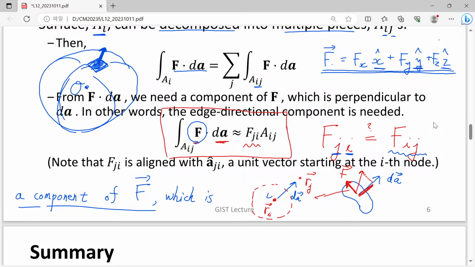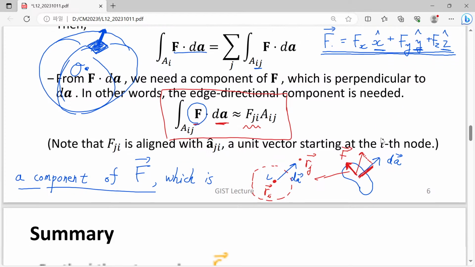If you make this kind of confusion consistently, then you will find a systematic error. And if you make this kind of confusion in some irregular way, then you will find some irregular error in your simulation code. So please don't make any confusion when you program this one.